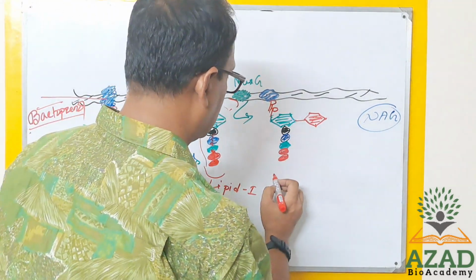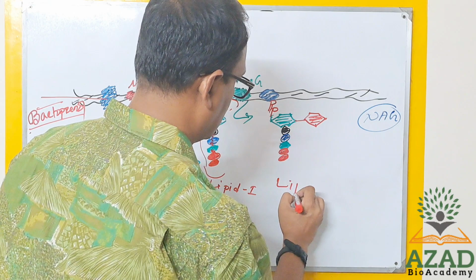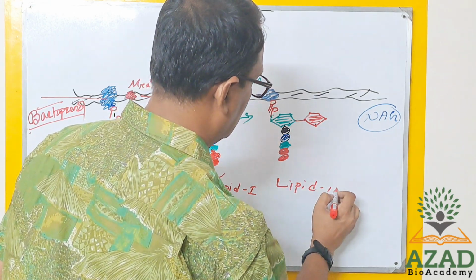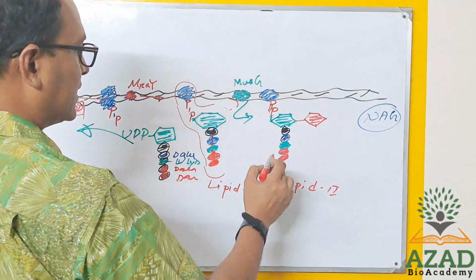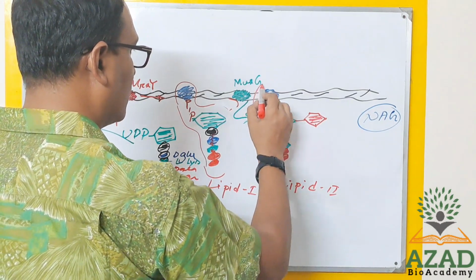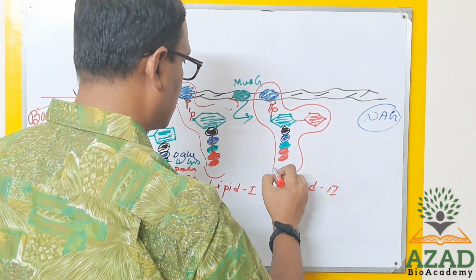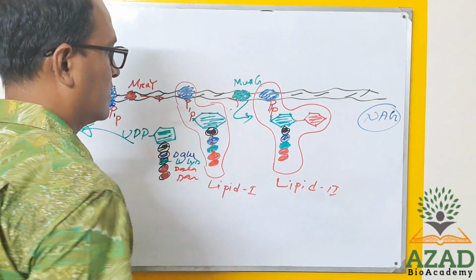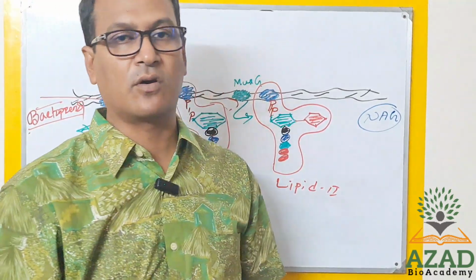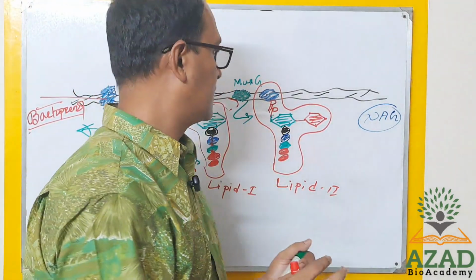Actually, this is lipid II. This is the building block of peptidoglycan.